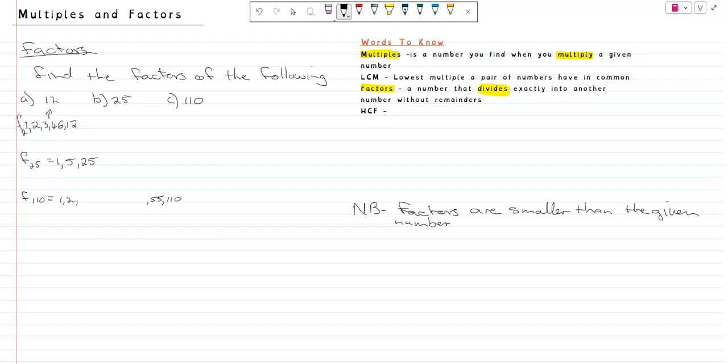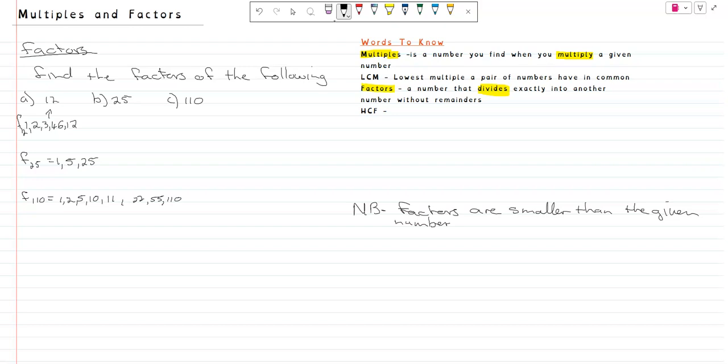And because this ends with a 0, we know 5 is also a factor of 110, and that would be 22. Can you guys see 2 and 55 and 5 and 22 are paired numbers? And then because it ends in a 10, we also know that 10 is a factor, with 11. Okay, so those are the factors of 110, and that's how we find it out.